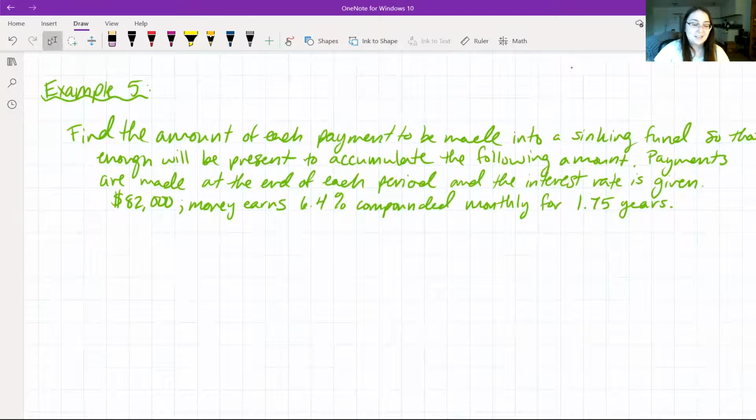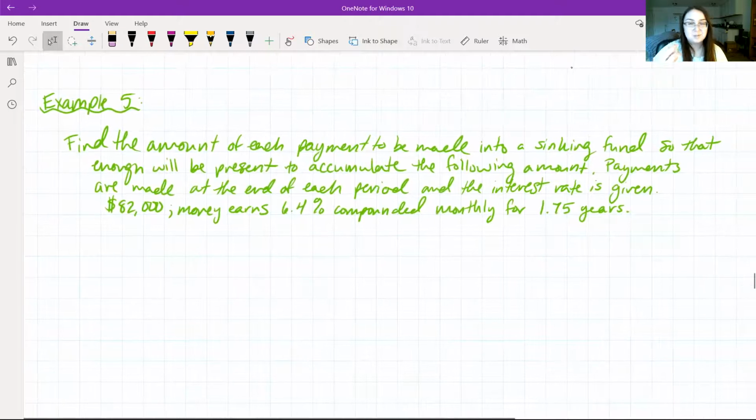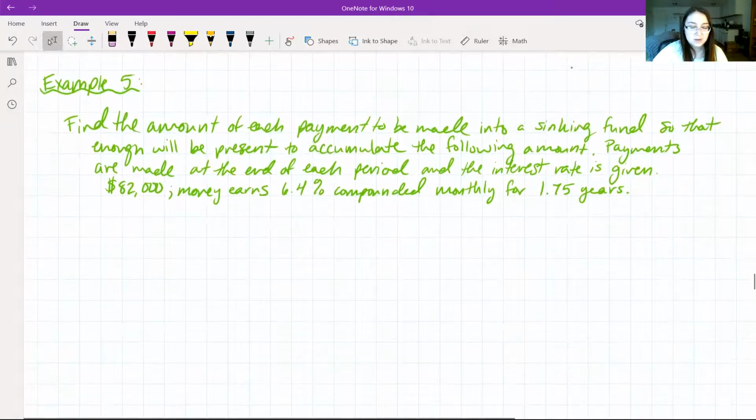All right, so a lot of information to mull over, but starting with example 5, we're going to put some applications to these. We want to find the amount of each payment to be made into a sinking fund so that enough will be present to accumulate the following amount. Payments are made at the end of each period and the interest rate is given.